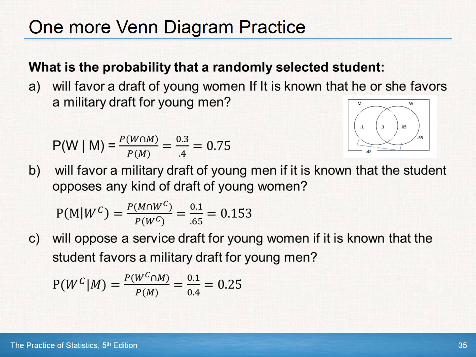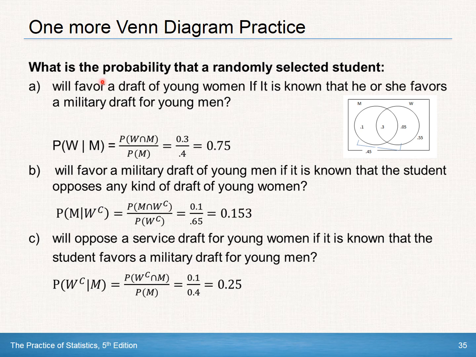Okay, so let's take a look at our Venn diagram and get a little bit of practice. All right, so A: what is the probability that we're going to favor a draft of young women if it's known that he or she favors a draft for young men? How could I write that as a conditional probability?